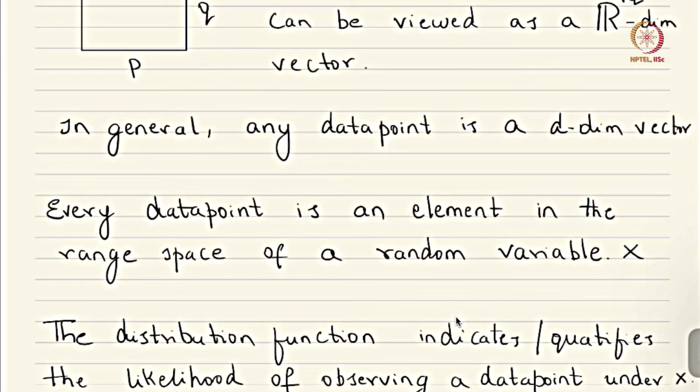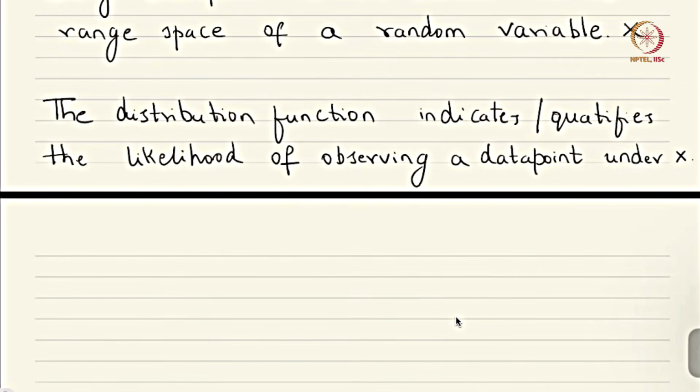Do you see the point? So the moral of the story is the following: if you can estimate the distribution function, then you know everything about the underlying sample space.